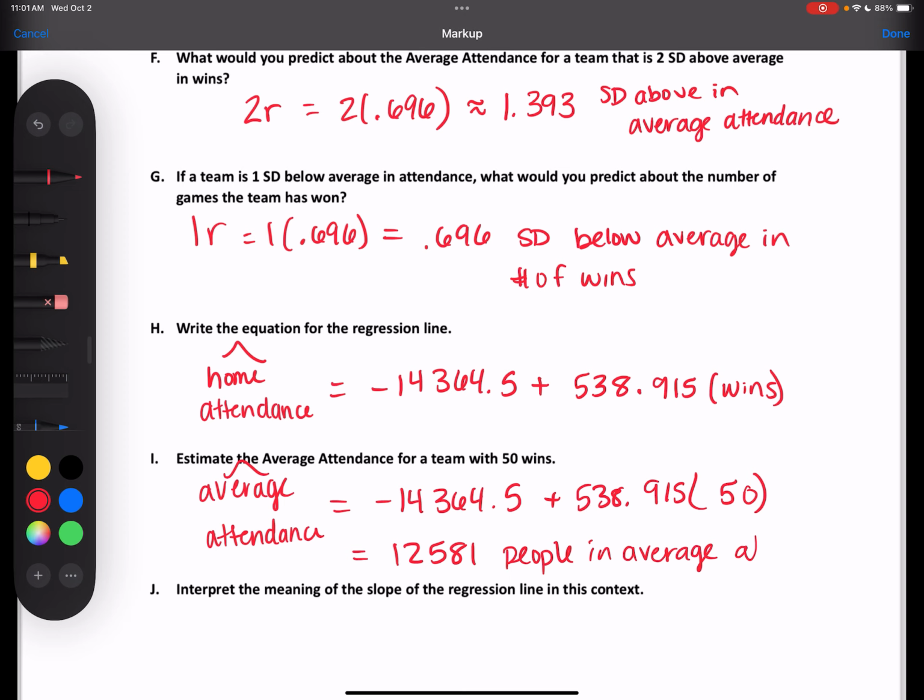I'm assuming more than likely that this is a rounded number because I can't have half a person. So I would assume that that's rounded to a whole number. And usually, especially when it's something like people, we want to round up to the nearest whole person.